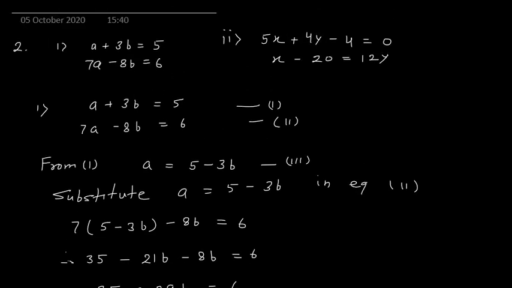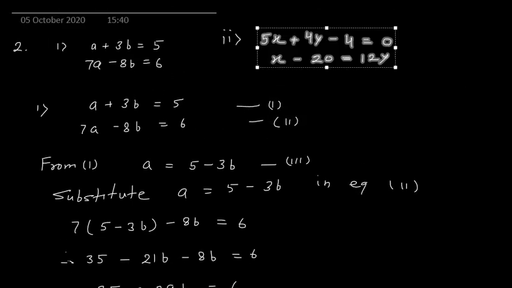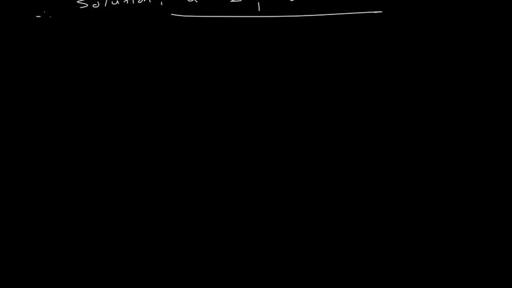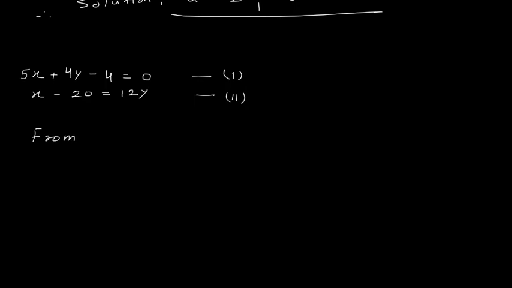And the second question, we have 5x plus 4y minus 4 is 0, this is your equation 1, and x minus 20 equal to 12y, this is your equation 2. Now I will take the value of x from equation 2, because here x has coefficient 1.